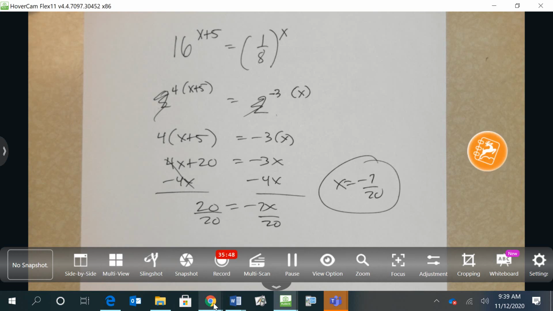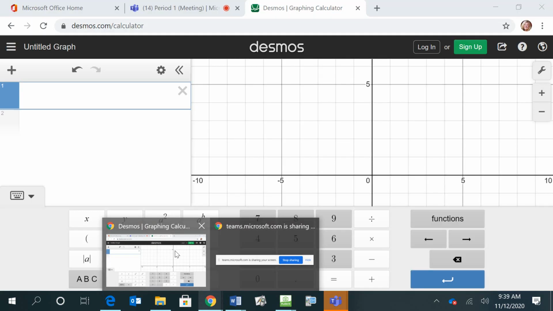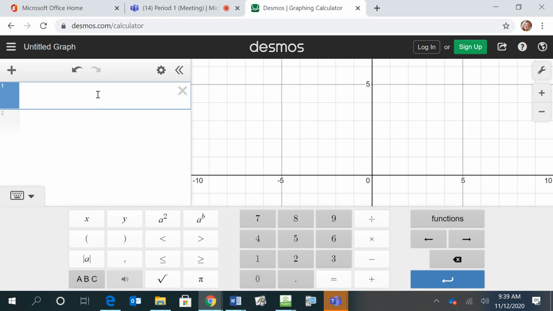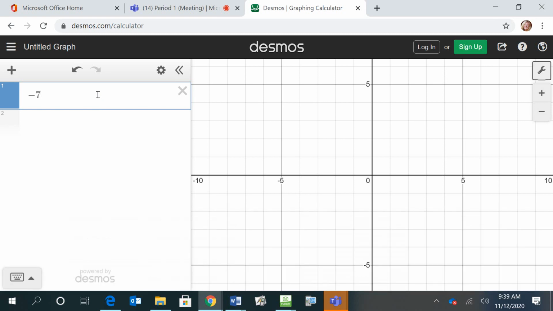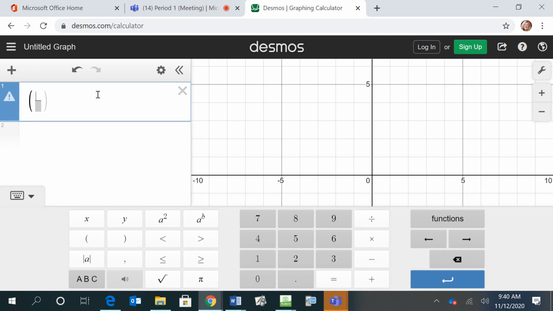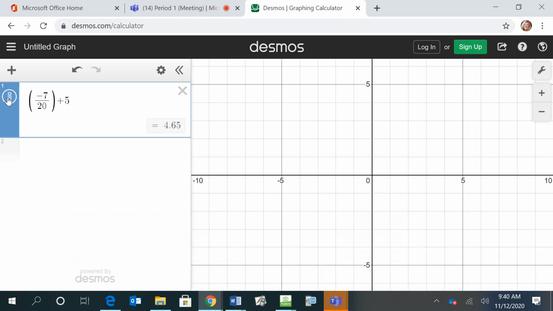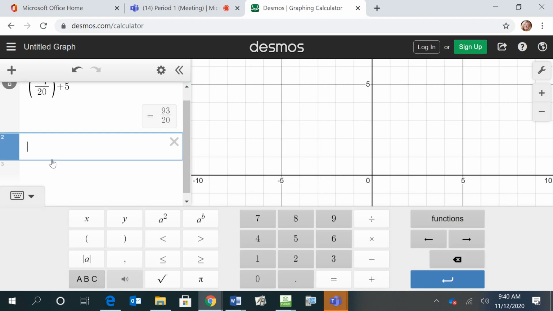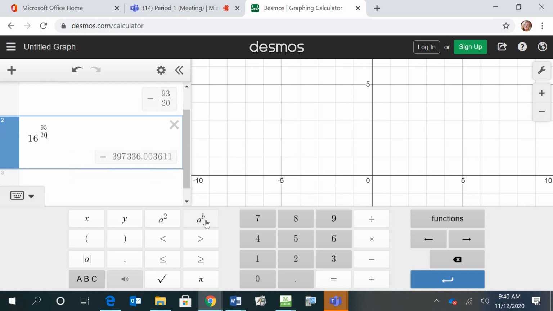This is my last problem. Stay with me. So -7 divided by 20, and now to that I'm going to add 5, and I'm going to turn that into a fraction. 93/20, 16 raised to the 93 divided by 20.